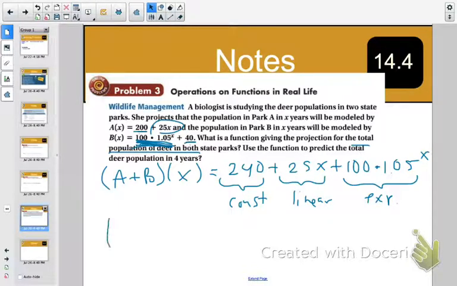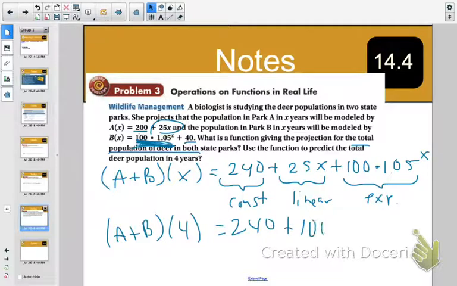Okay, and then the last thing is just to predict what it will be in 4 years. So meaning you plug in 4 for x. So 240 plus 25 times 4 is 100, plus, I don't know what that one is off the top of my head, 1.05 to the 4th. And then we just calculate that, and it comes out to be what? So I got 461.55.